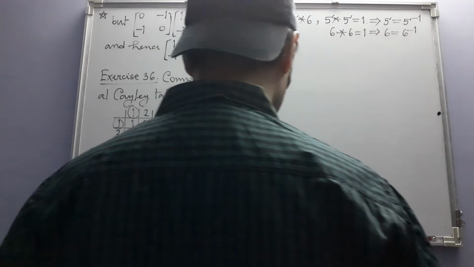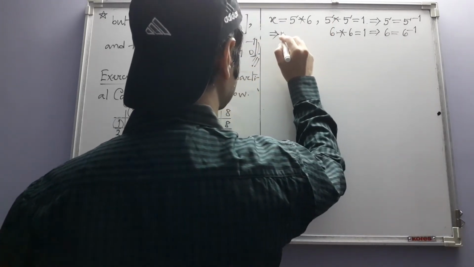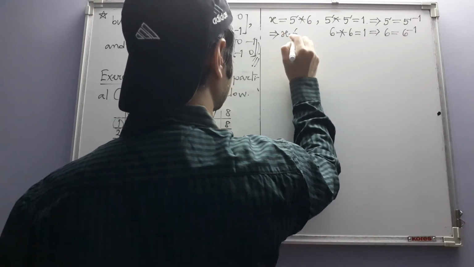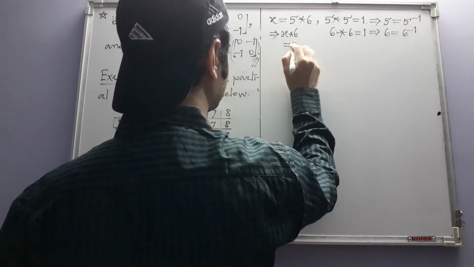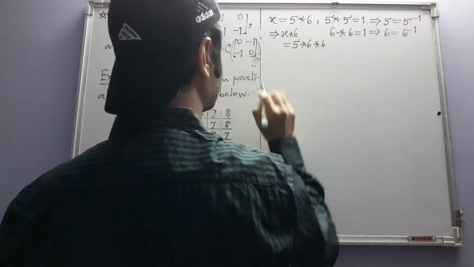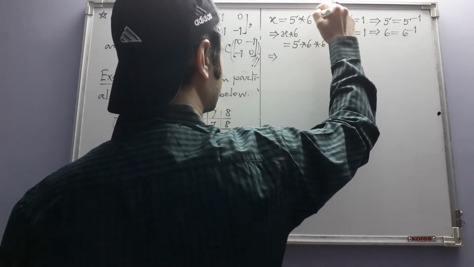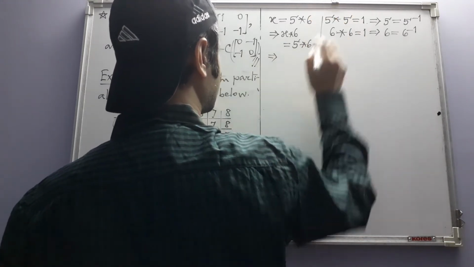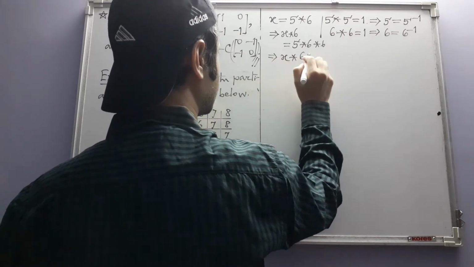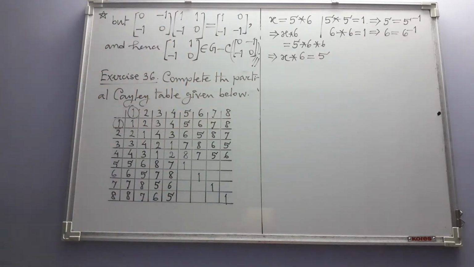So that means if we post multiply both sides by 6, then we should get x star 6 is equal to 5.